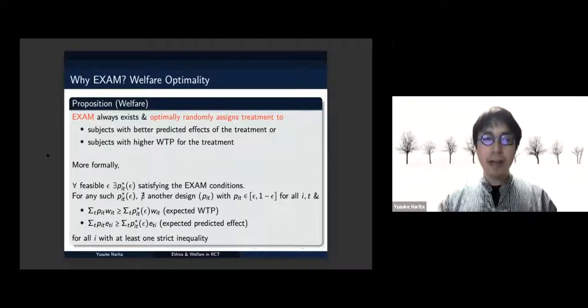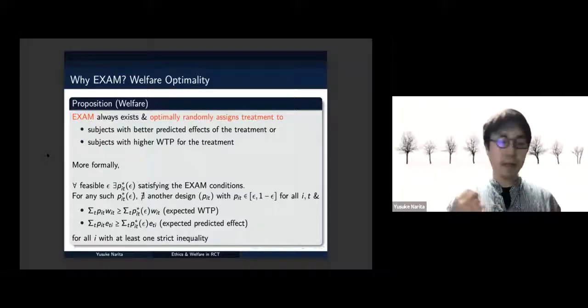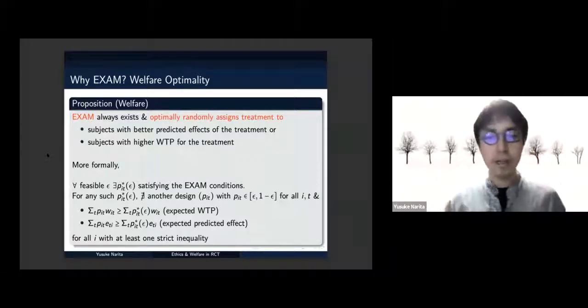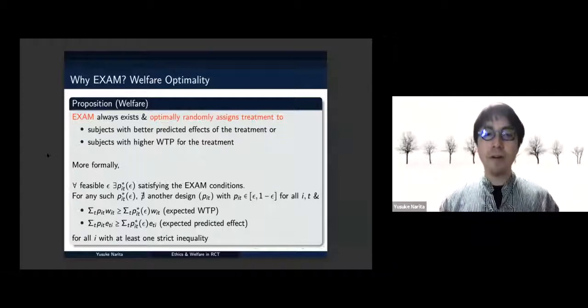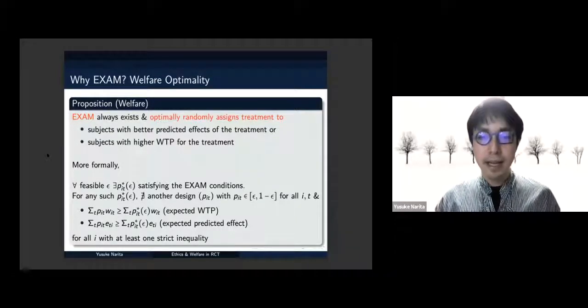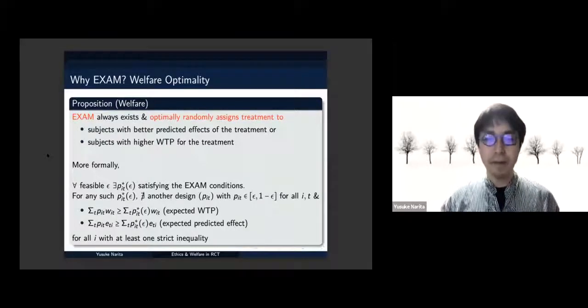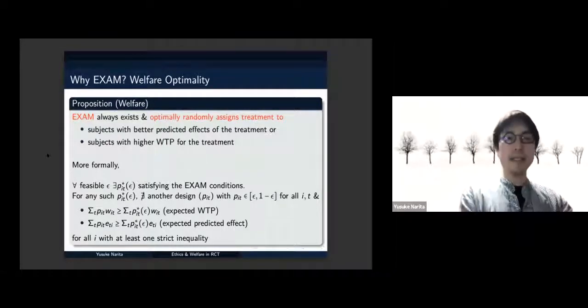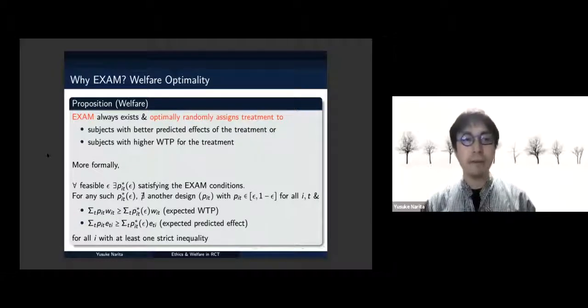So therefore, as long as the experimenter cares about these two things, there is no alternative experimental design that is clearly better than exam from the ex ante perspective. So in this sense, exam has the good welfare optimality property.